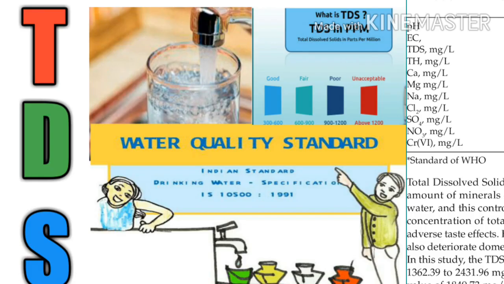Why do you need to measure the TDS? The water that you receive may exceed the maximum level of TDS that should be present in water. Water that has a TDS level of more than 1000 mg per liter is unfit for consumption. A high level of TDS can lead to a number of health problems. The presence of potassium, sodium and chlorides increases the TDS level in the water.